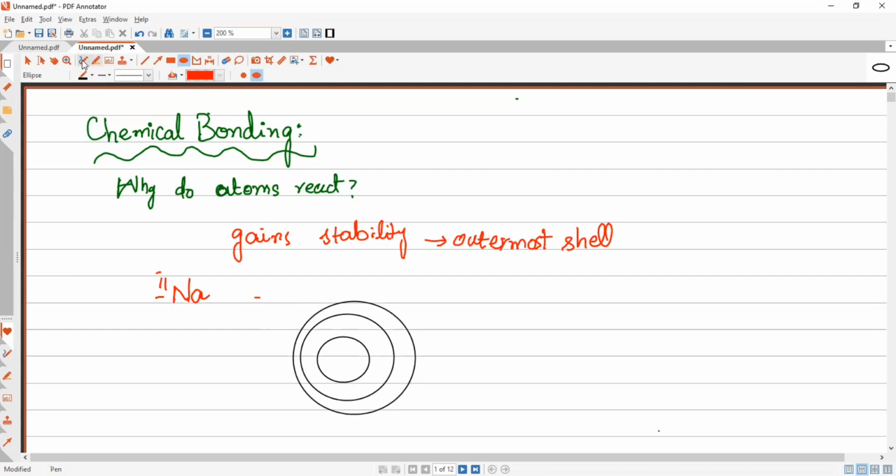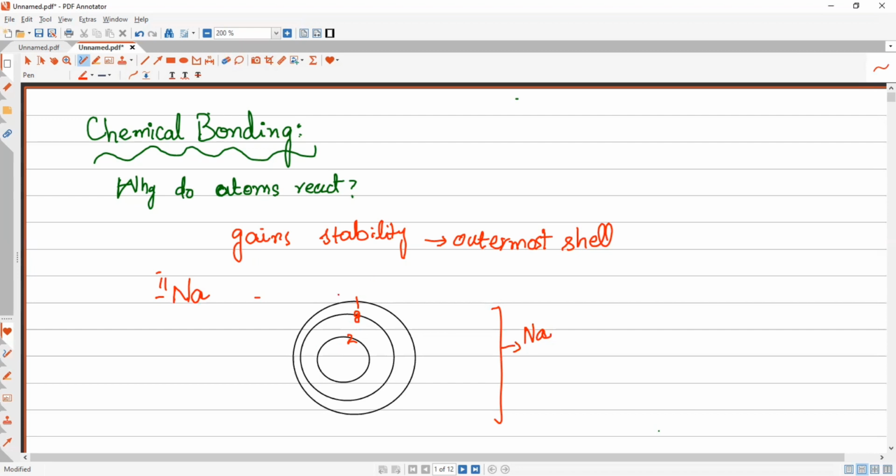Because as we know, the first shell can accommodate only 2 electrons, the second shell can accommodate 8 electrons, and the third shell, because now only one electron is left, so that one extra electron goes into the third shell. So this is the electronic configuration, or you can say electronic diagram of sodium, which shows that in the first shell there are 2 electrons. The second shell is complete, that contains 8 electrons, and the last shell contains 1 electron.